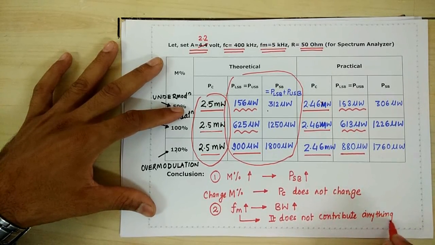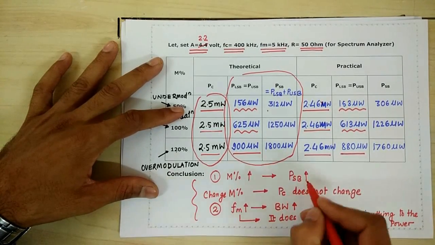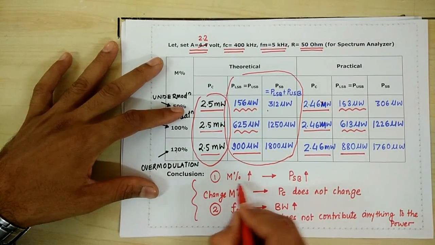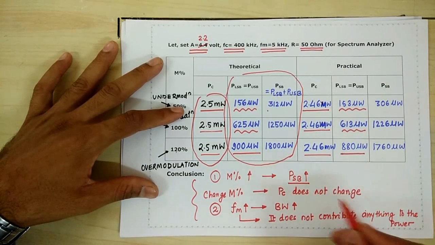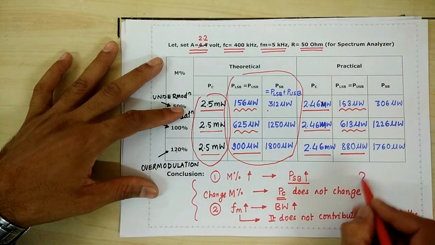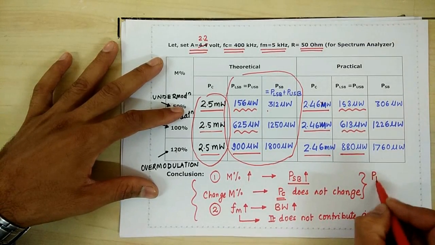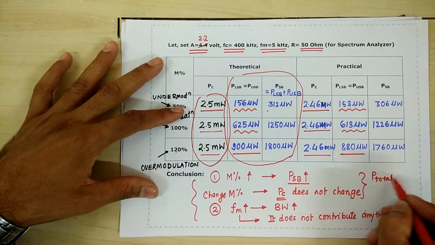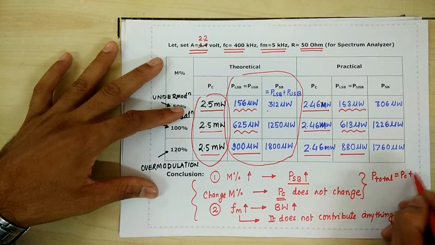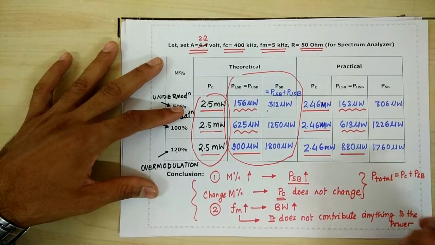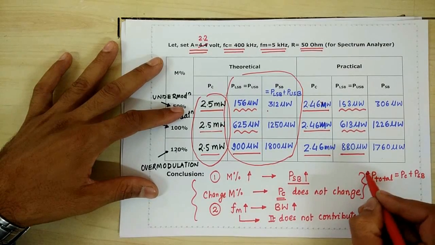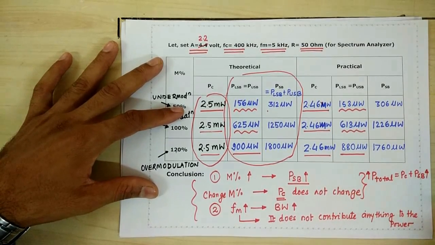It is just related to the bandwidth, not the power. And since we have seen that as we increase the modulation index the sideband power is increasing, Pc does not change, but the total power is going to increase because the sideband power is increasing.